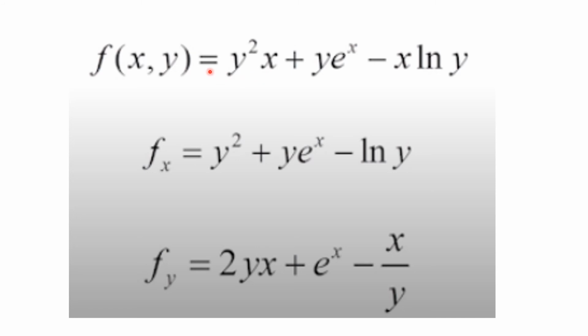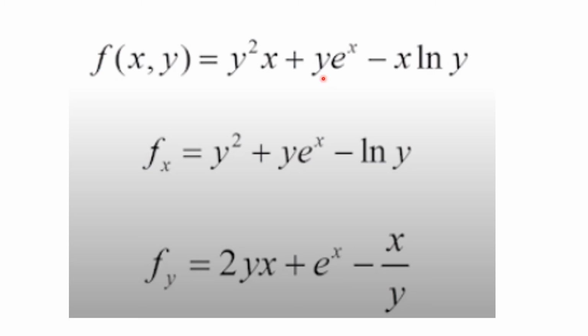If I take the partial with respect to y, I assume x is a constant. So this is x, the constant, times the variable y squared. This is the constant e to the x times the variable y. And this is the constant x times the function of y, ln y. And now I'm taking the derivative with respect to y. So f sub y is equal to: the x just sits there, but I take the derivative of y squared, which is 2y, plus the e to the x just sits there.